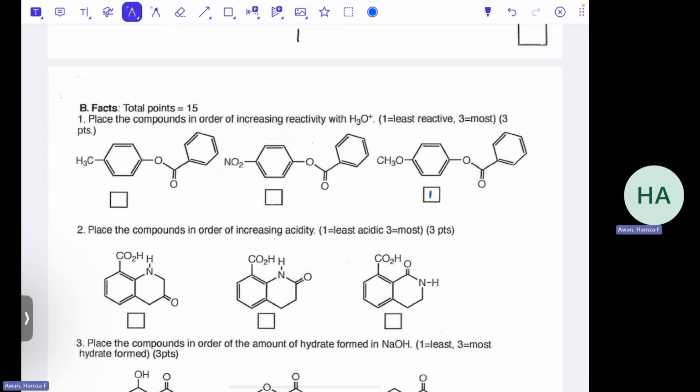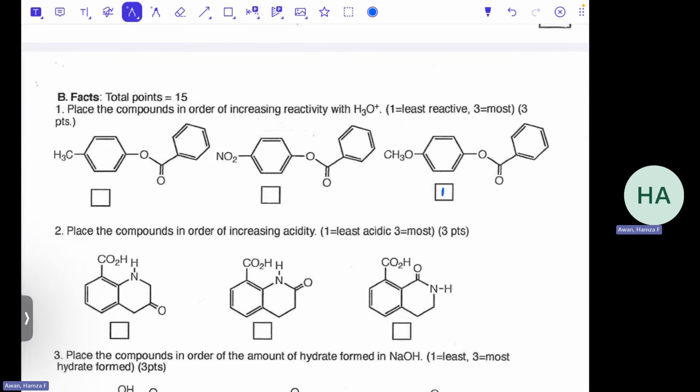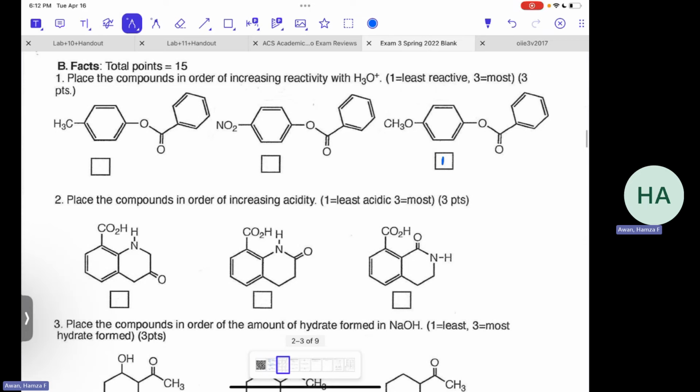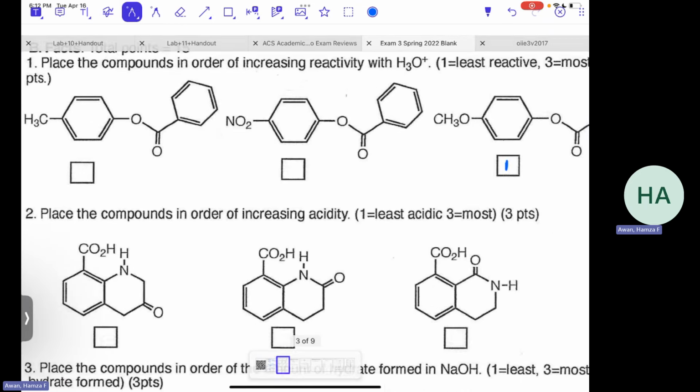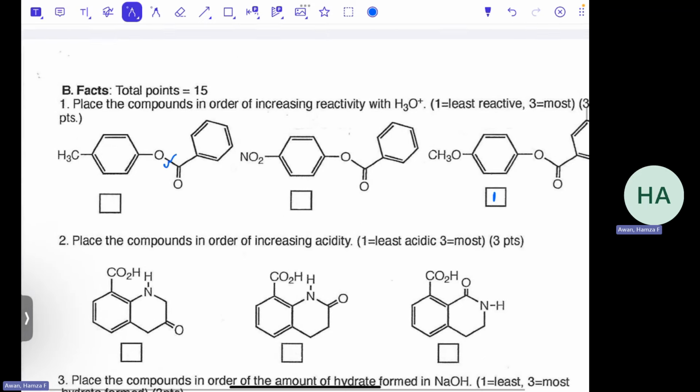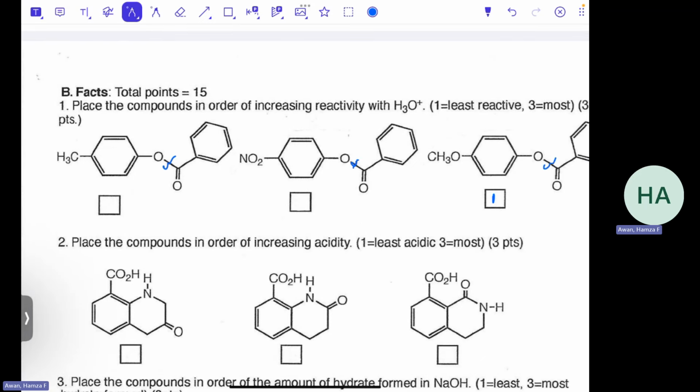The first facts question is asking us to place the compounds in order of increasing reactivity with H3O+. So in this one, we want to see how stable the leaving group is going to be, right? Whenever we react with H3O+, this bond would be cleaved on all three of these.